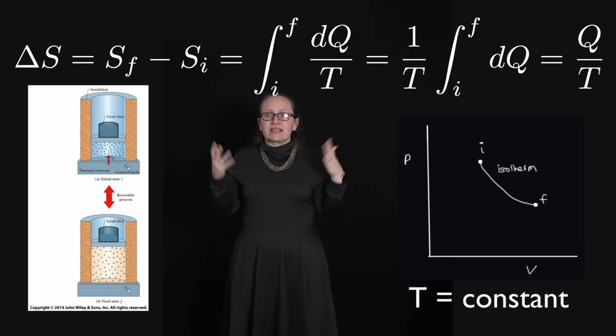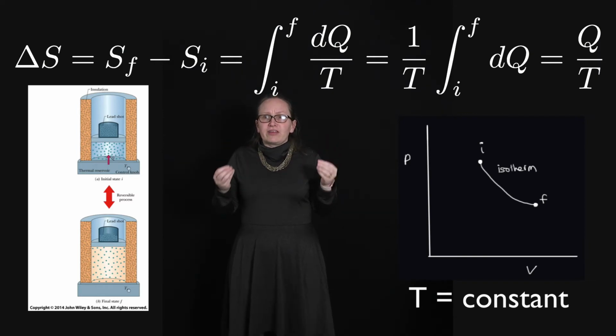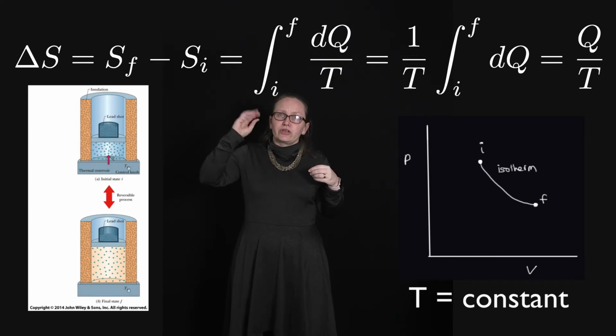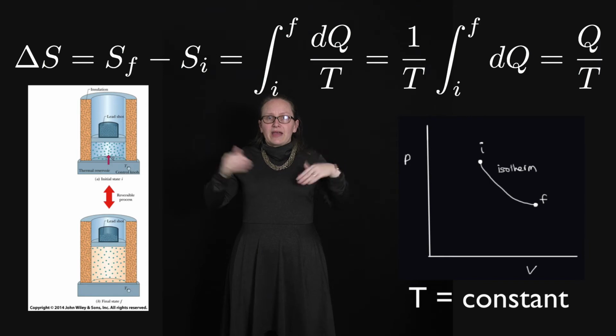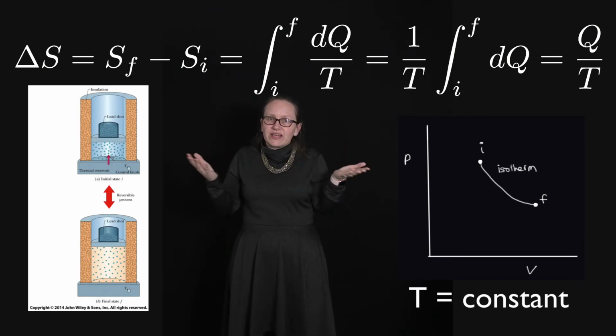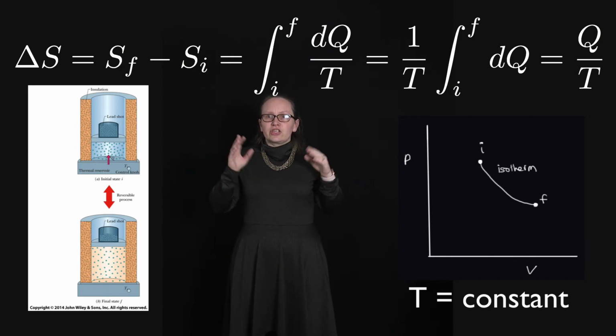So we can just say that's Q. So for our isothermal free expansion, our change in entropy is just equal to Q divided by T. In this case, we're adding heat, and the temperature is always positive because we can't have negative temperatures. So in this case, the change in entropy has been positive.